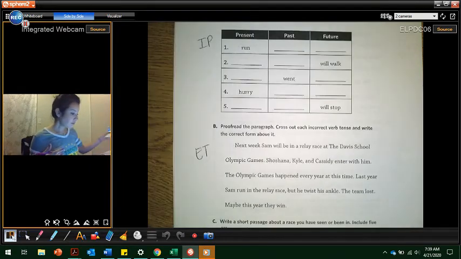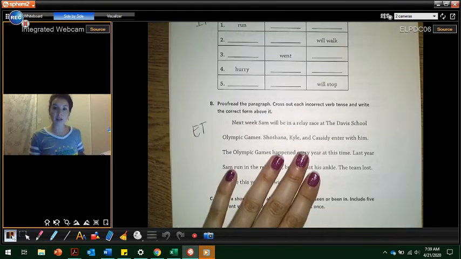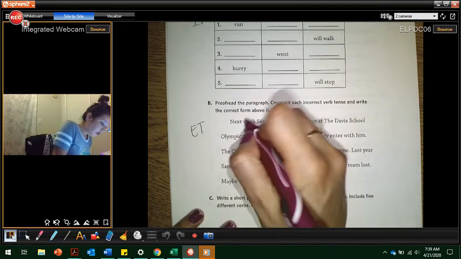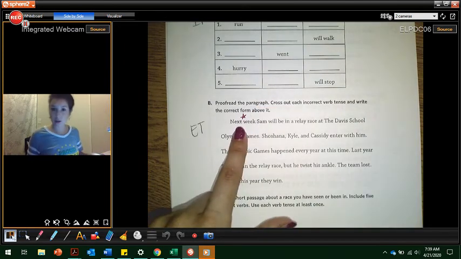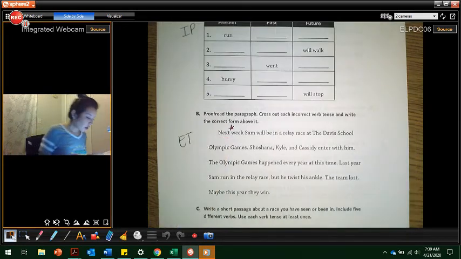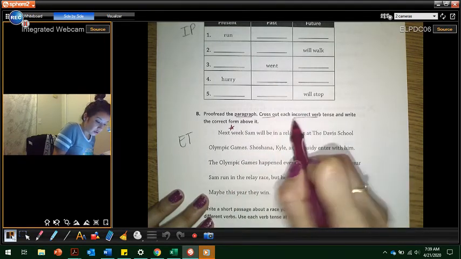Alright? So on your exit ticket for today, I'm going to have some sentences and I'm going to allow you to choose which tense of the verb should be. So make sure you're reading the story. Make sure you're noticing those clue words, those context clues, like next week, when would that be happening? In the future, right? So you're going to proofread the paragraph, cross out incorrect verb tenses.